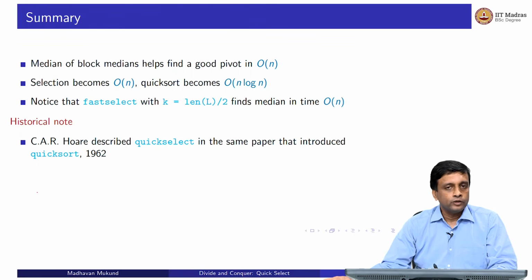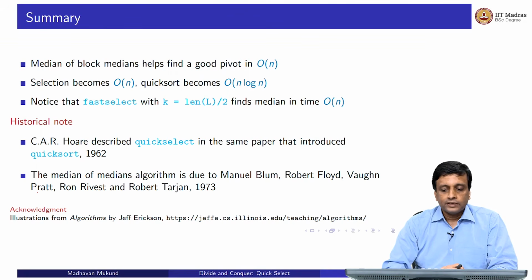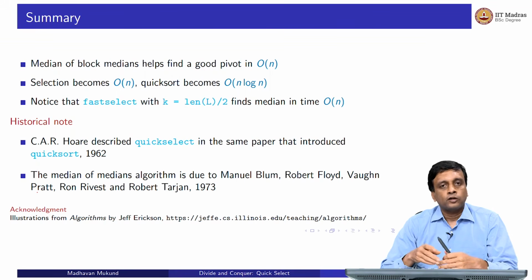So quick select was already known, and this clever median of medians algorithm came up over 10 years later, in 1973, and this is again a bunch of heavyweights in computer science: Manuel Blum, Robert Floyd, Vaughan Pratt, Rivest and Robert Tarjan. Each one of them on their own has made seminal contributions to various aspects of computer science, and together the five of them came up with this very clever idea of median of medians, which makes both quick select and quicksort much faster.